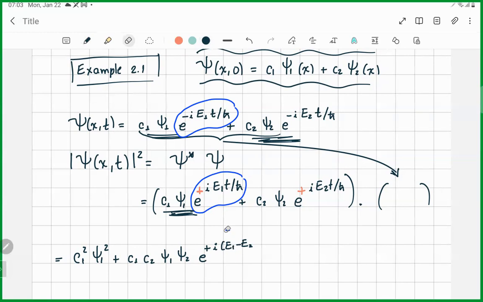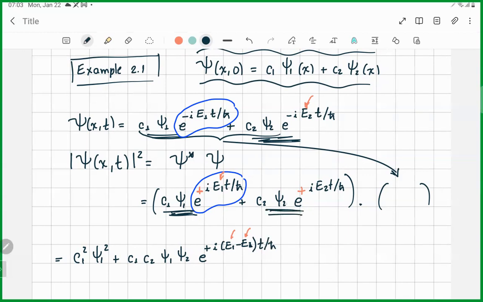You see, I pick the E1 from here with a plus sign and the E2 from here with a minus sign. And the rest is present in both terms.